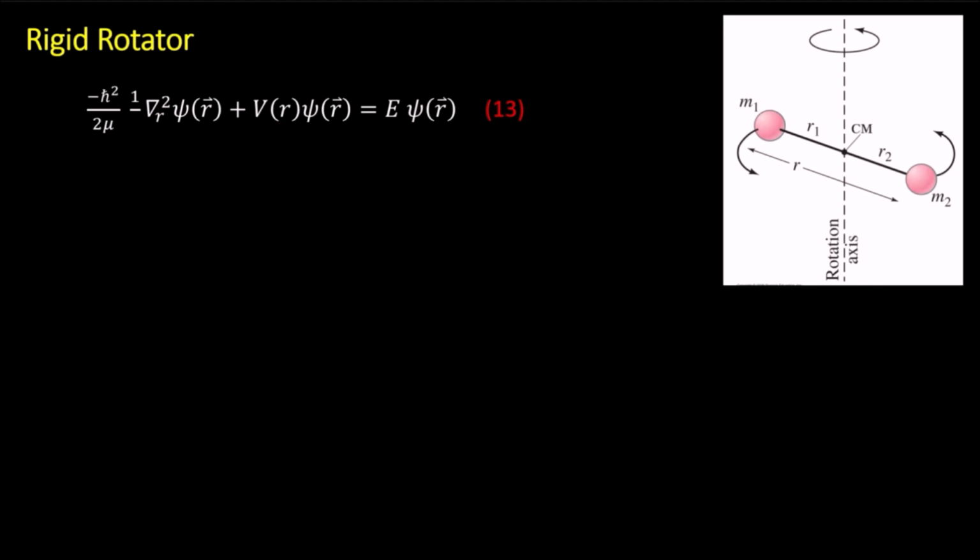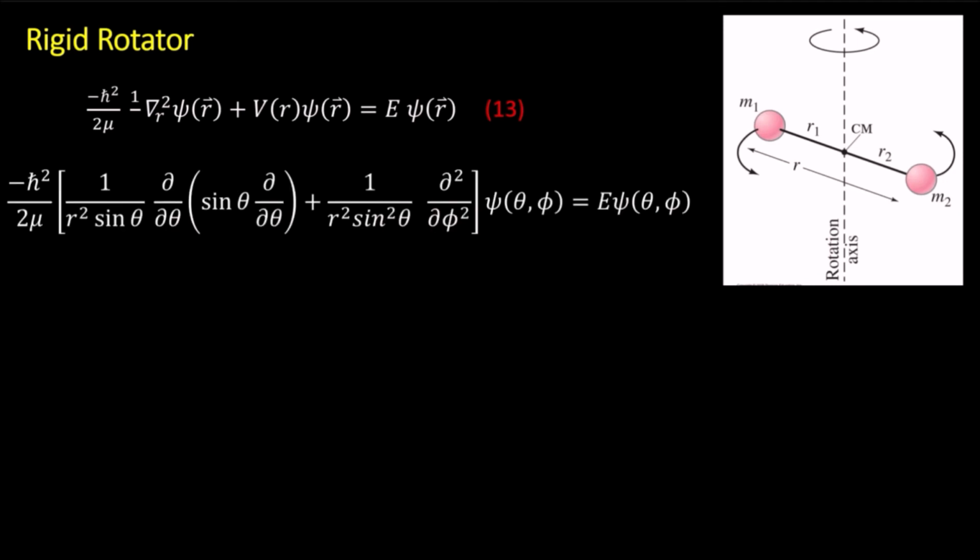In spherical polar coordinates, this equation can be written as minus ħ² by 2μ [1 by r² sin θ ∂/∂θ (sin θ ∂/∂θ) plus 1 by r² sin²θ ∂²/∂φ²] ψ equal to Eψ. So what I have done is, instead of this differential operator, I have just expressed it in spherical polar coordinates.